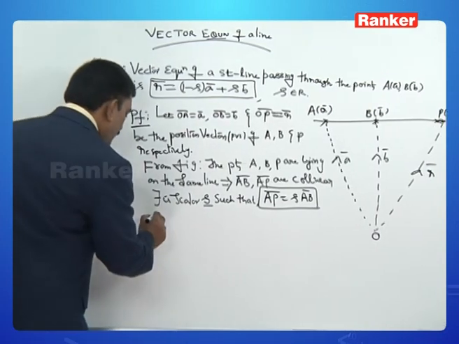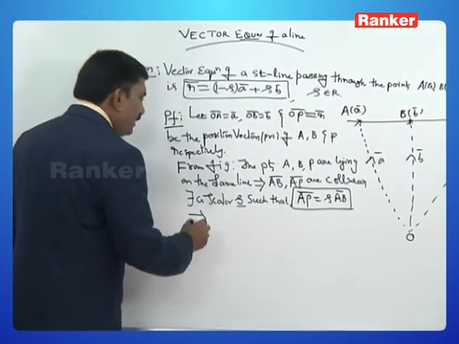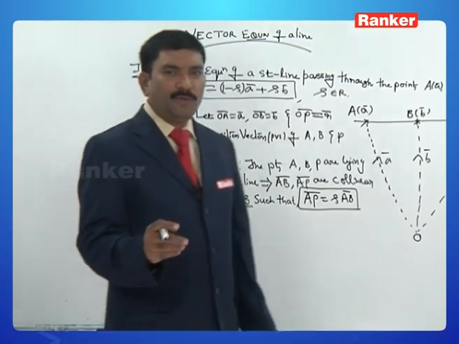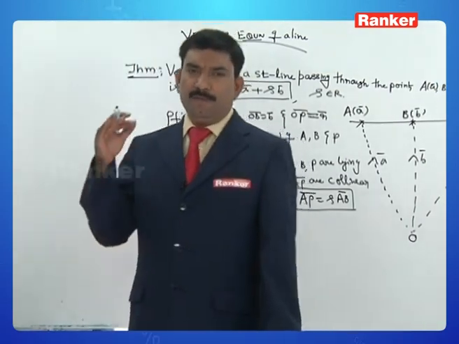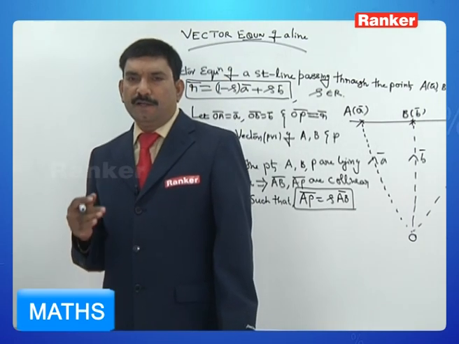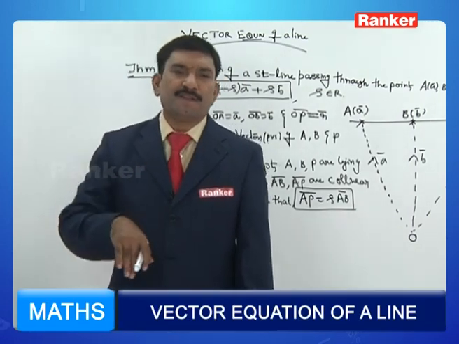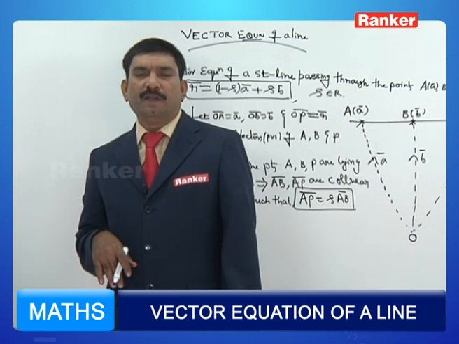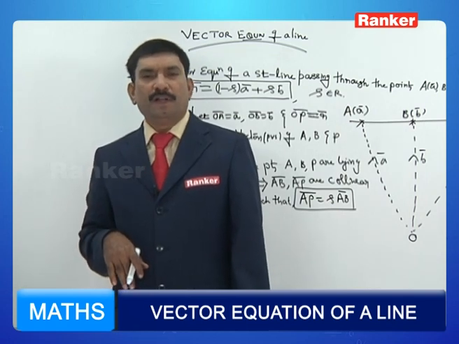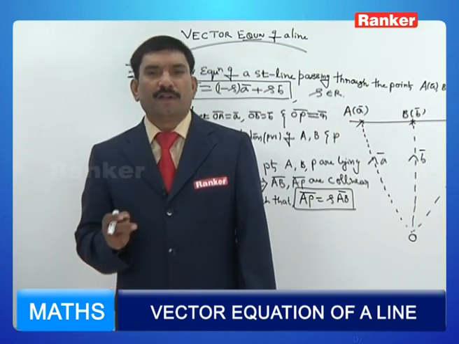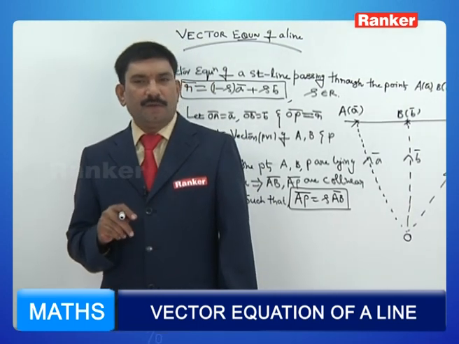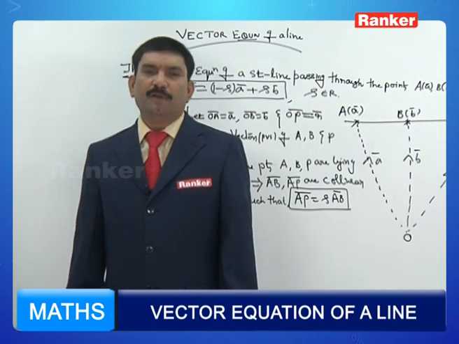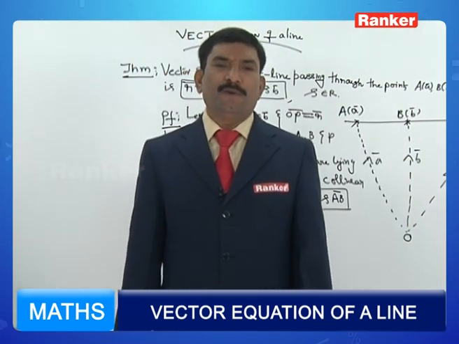Now, are you given a vector AP bar? No, we are not given the vector AP bar or AB bar, but the position vectors are given, that is, OA bar, OB bar, OP bar.